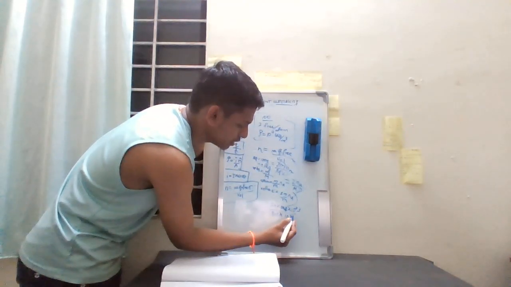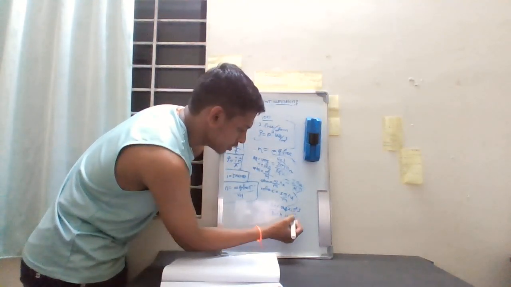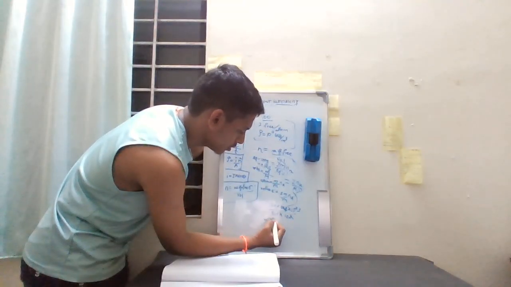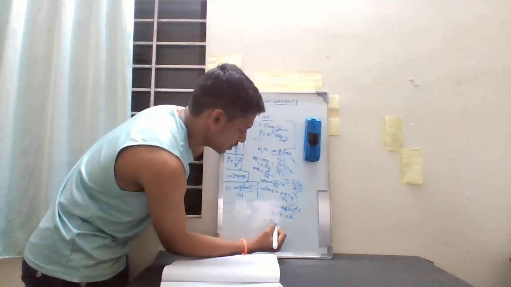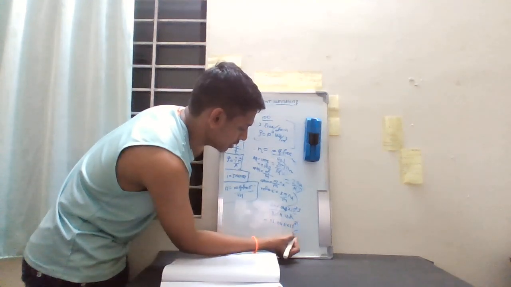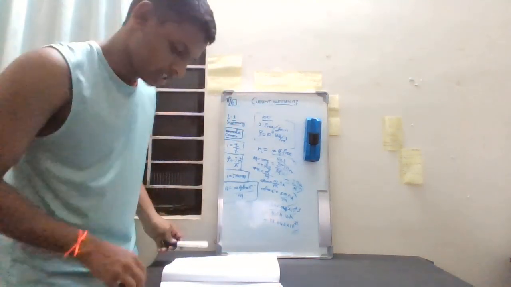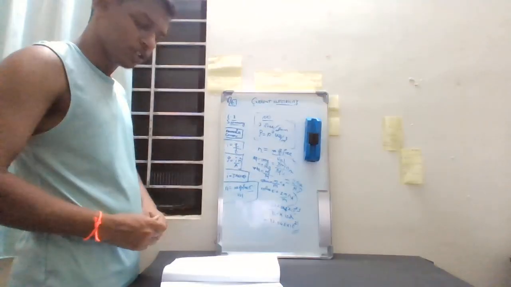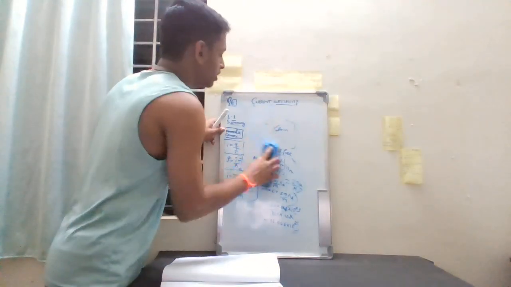The zeros cancel, and we get 6 into 10 power 21. That's our answer.